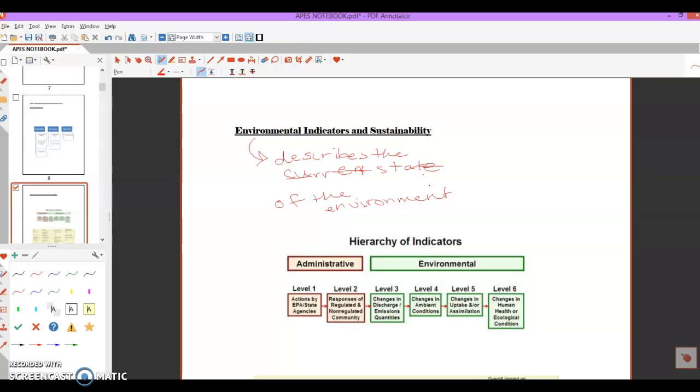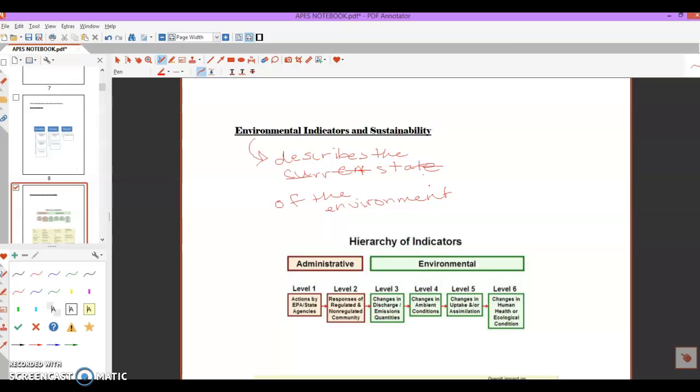All right. Now, sustainability refers to basically how people choose to live their lives. Do people recycle? Do people use too much oil? Do people use too much water? Because what we want to avoid are depleting those shared resources that we all use.